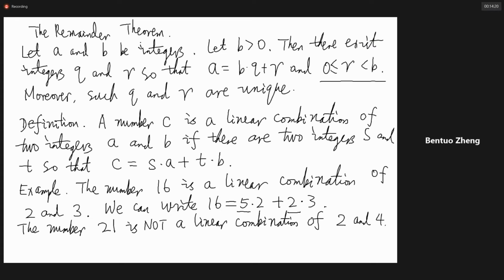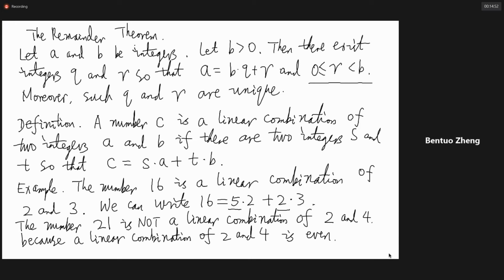Okay, so this is because a linear combination of 2 and 4 is even. Okay, so this is the basic example of linear combinations.